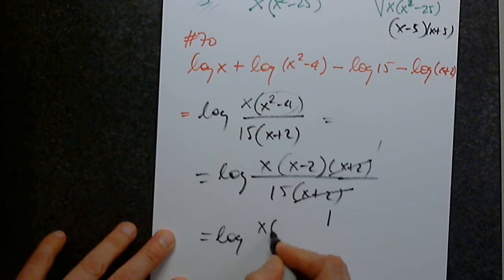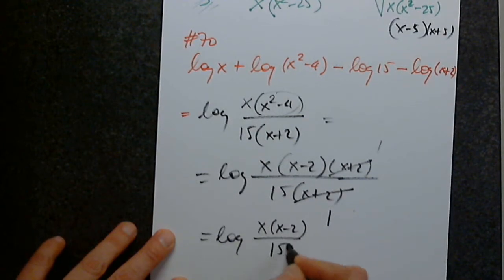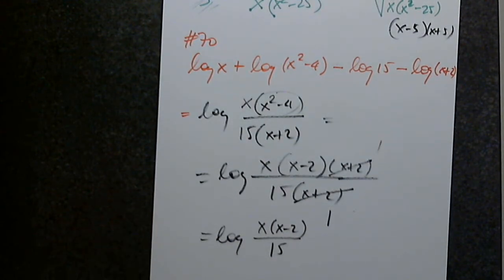So this is log x, x minus 2 over 15. Is this clear? We need to know what we learned from day one.